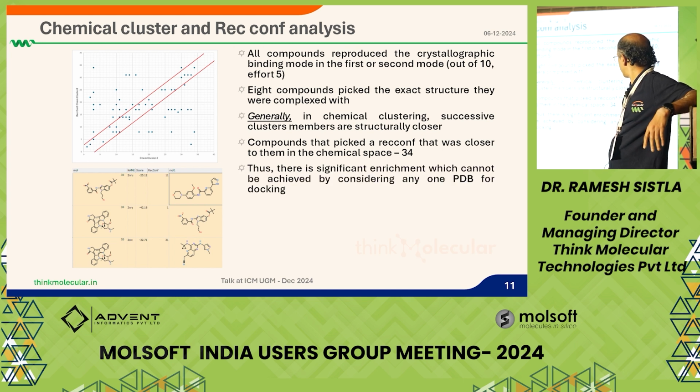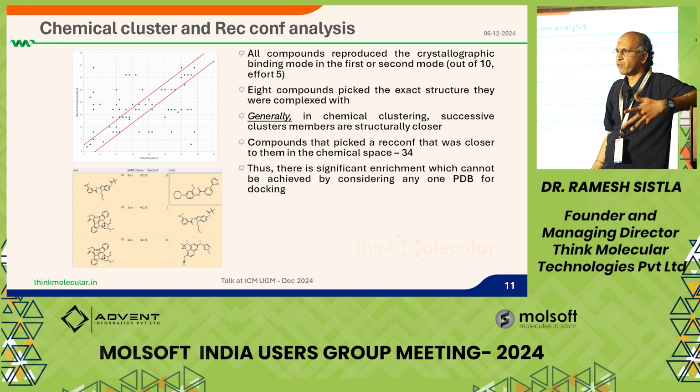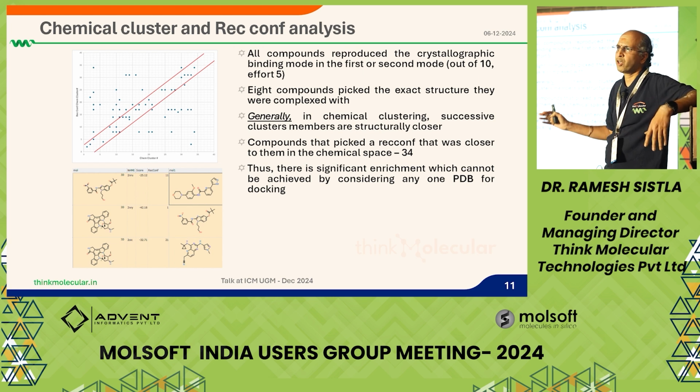Thus what I say is there is a significant enrichment which cannot be achieved by considering any one PDB structure for docking. This is my take-home message for you: if you were to choose one structure out of 59 structures, I am pretty sure I can give it to you in writing that you will not get the binding mode for all the 59 compounds.